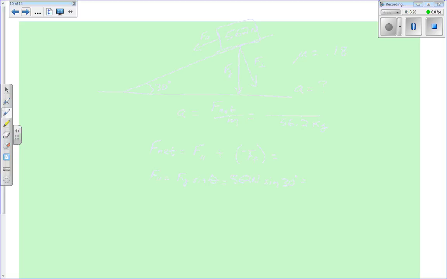About 562 times the sine of 30 is 281 newtons. So that's going to be our applied force, parallel component.